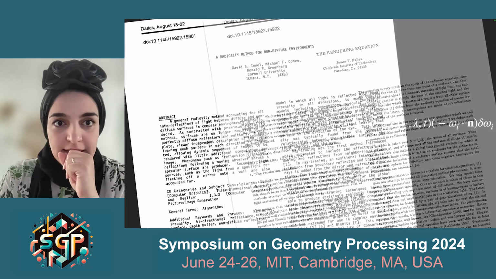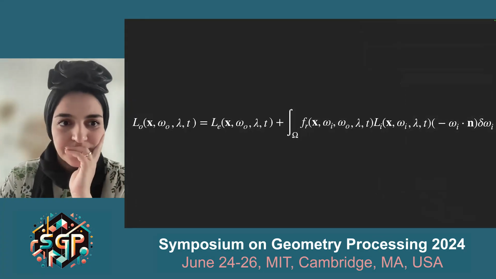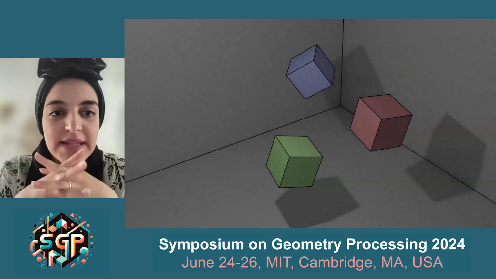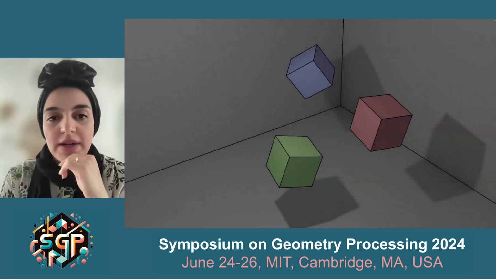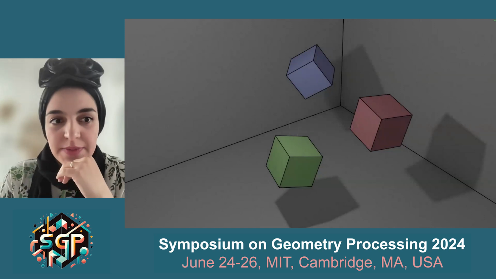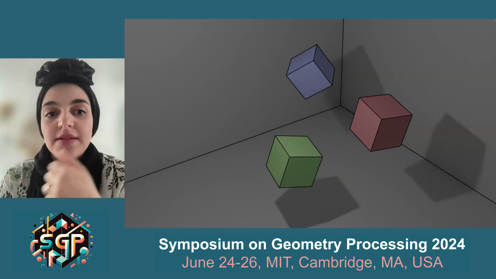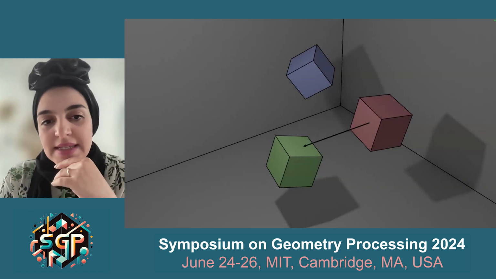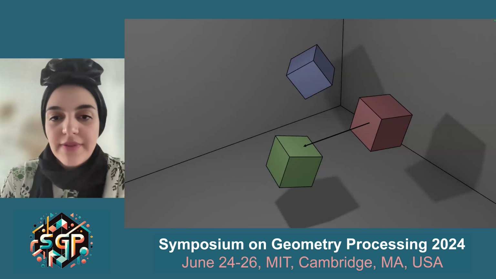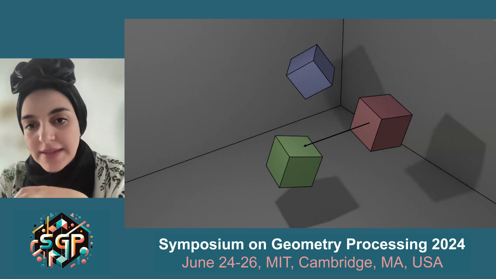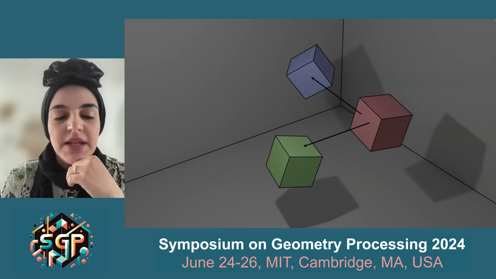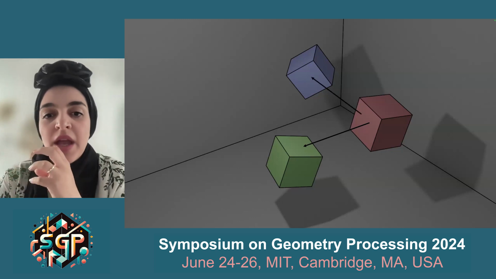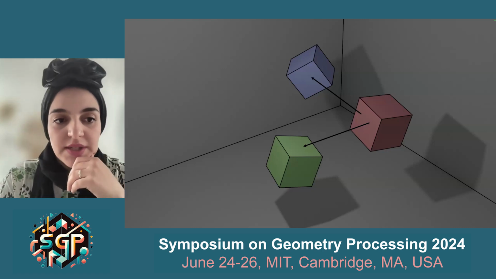All right, so now let's imagine we have a scene, an environment like this one that has 3 objects in it. Let's say the red cube is radiating heat. By taking into account the distance and the angle and a few other factors between the red one and the blue and green cubes, we can figure out how much heat has been transferred from the red cube to the other ones.